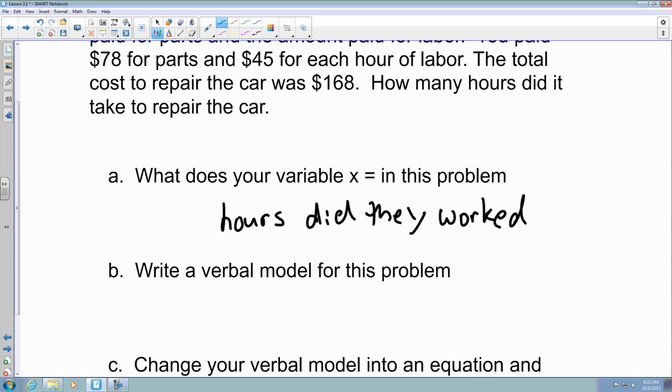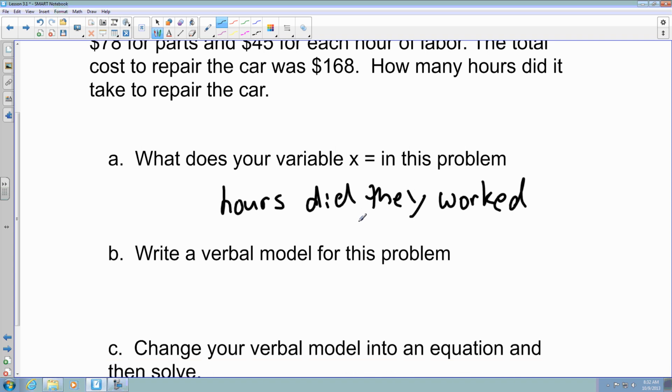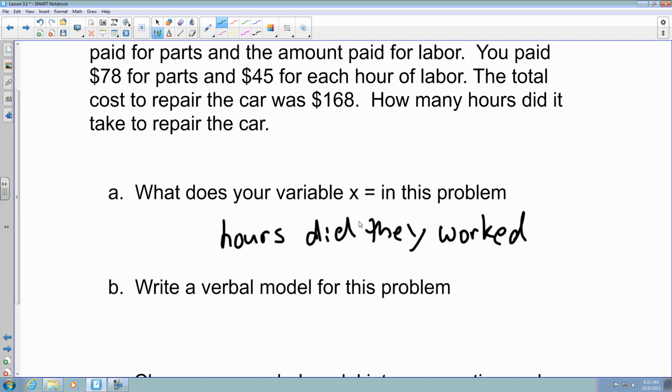If I were to write this as a verbal model, I would say it would be 78 plus 45 times a number is 168.